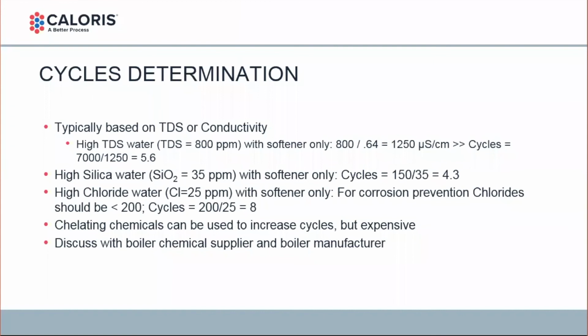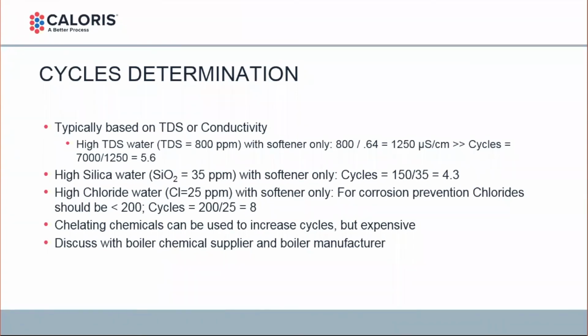Okay, very important. How do you determine the cycles? As I said, it's typically based on the TDS or conductivity. So let's say we have some high TDS water. The TDS is 800 ppm, and we're just using a softener. Rule of thumb for going from TDS to conductivity is just divide by 0.64.